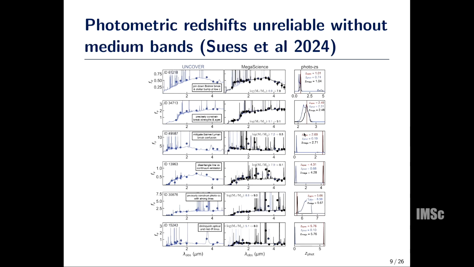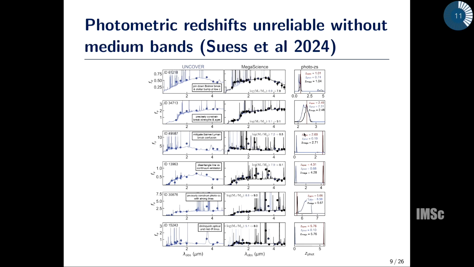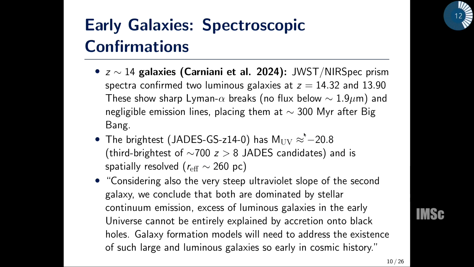With this data, you get a redshift of 0.19, and with this data, you get a redshift of 2.71, which is quite close to the true value. So things can be drastically wrong, big mistakes could be made and were made in the early days. But now with the addition of medium band filters, the reliability of photometric redshifts has been greatly improved.